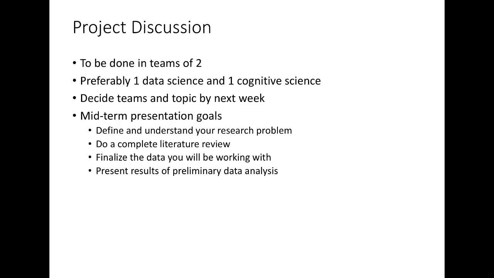Before we start project discussion, we are supposed to be doing this project in teams of 2, preferably. You can go up to 3 also. An ideal team would be an interdisciplinary team, meaning one data science person and one cognitive science person. But I understand it's kind of hard to work with somebody unknown to you.